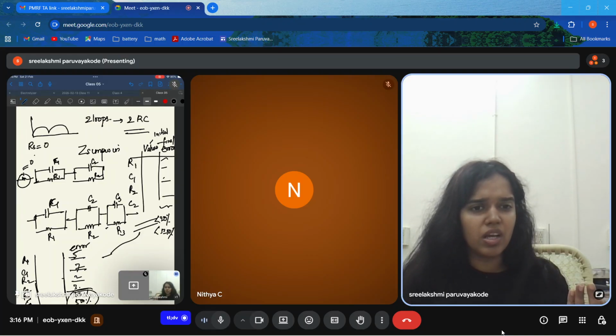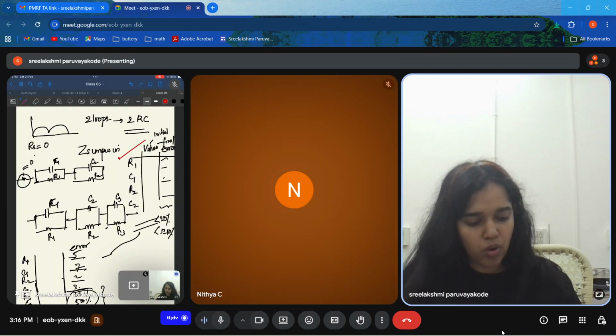So if the error is already very high, why do we need to use that to fit? In that situation when the error is very high, we get to know that these are not needed. Why? Because when you fitted using 2 RC, your error is already low. Now, when you came to 3 RC, the first four have a nominal error, and after that, all of a sudden, this becomes very high.